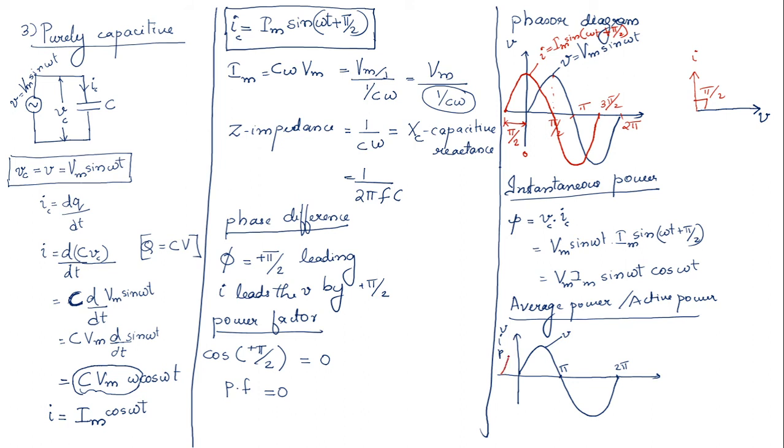You can see the peak point will be reached at this point, then going pi by 2 like this. The magnitude should be a little less than the voltage, so I'll show it like this. Now this point is pi by 2, this point is 3 pi by 2.